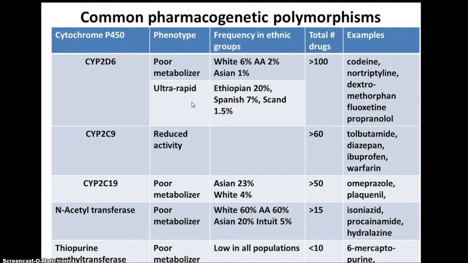So you can see how the polymorphism determines the speed of destroying substances in our body.